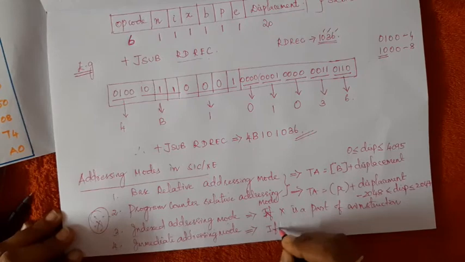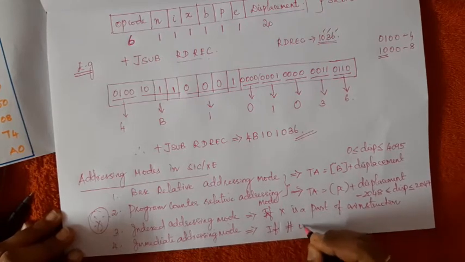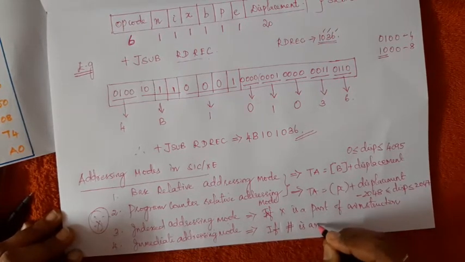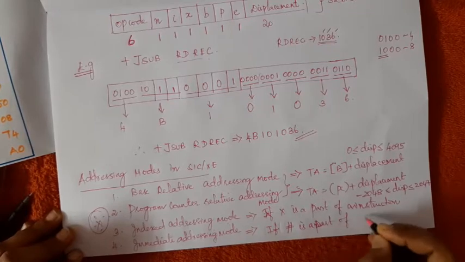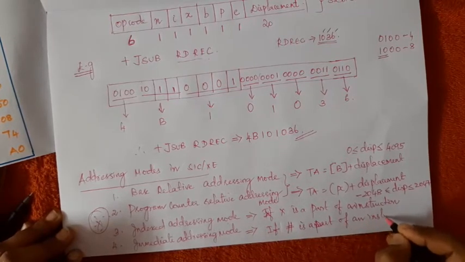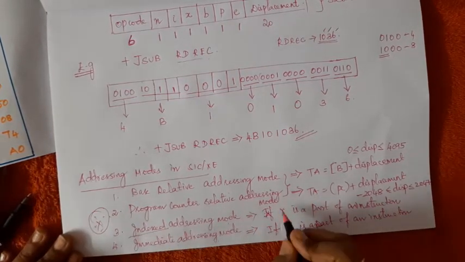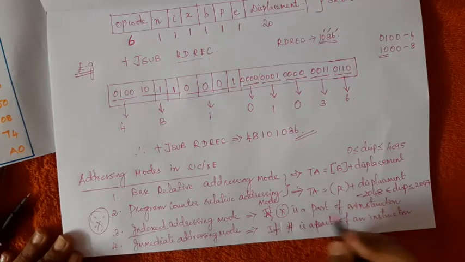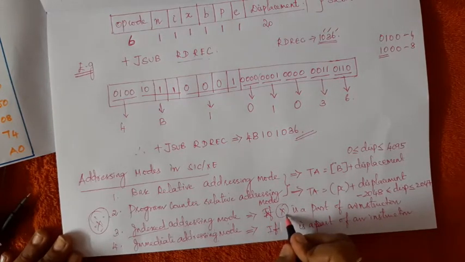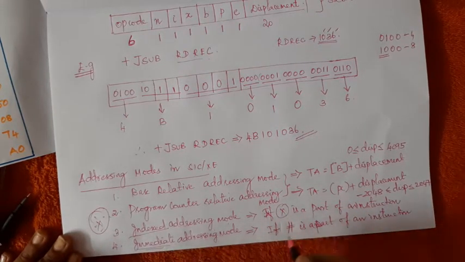When hash is a part of an instruction, we say that it is an immediate addressing mode. Okay, so for index you go for X. You have to check in an instruction if there is any X as a part. For immediate we have to check in an instruction if there is any hash symbol.